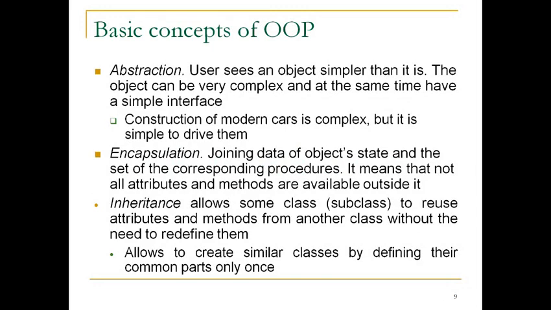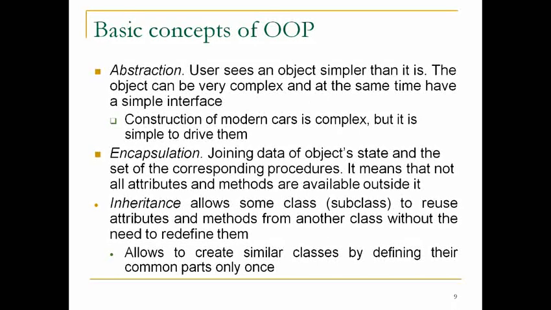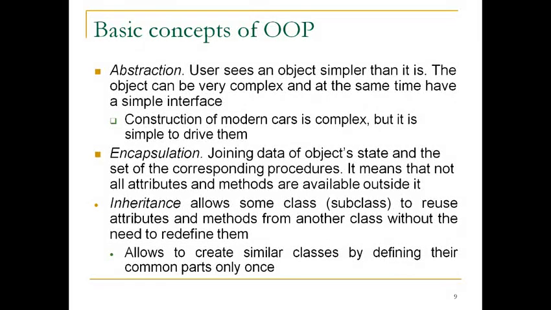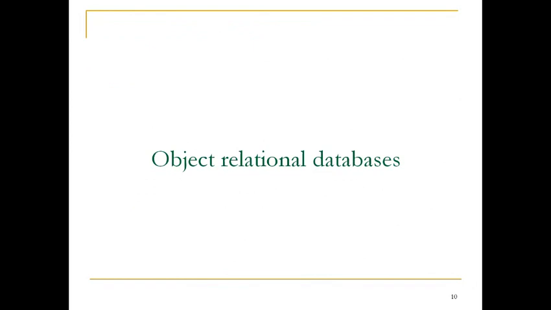And the question is, if the programming is done using these objects, how to store them in the database? And the answer I'll probably try to give in the next 1.5 hours. And the title of the topic is the following.